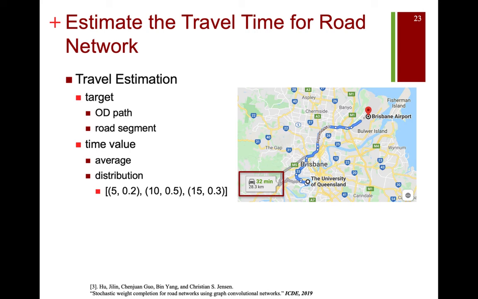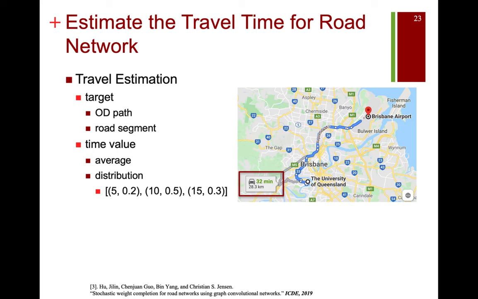For example, we can try to estimate the travel time on Coronation Drive between 8 a.m. and 9 a.m. on every weekday. Then this data can be further used to calculate the travel time for any specific path.